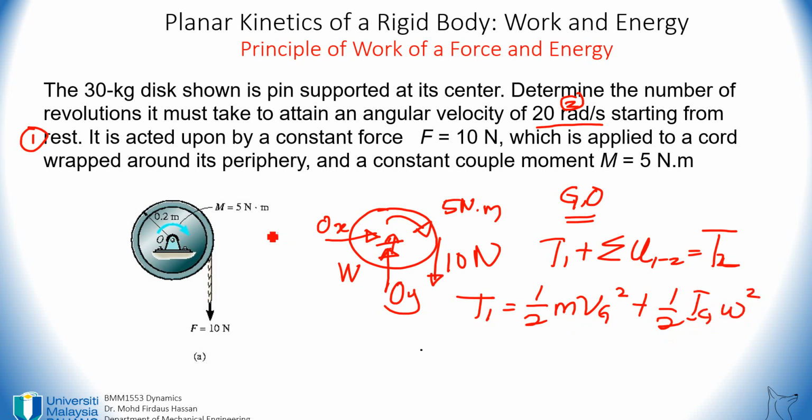Since G is in the middle, point G or point O doesn't move left and right. It is stuck there, so vG is 0. This term is 0 because there is no v, but we still have omega. And IG is the mass moment of inertia.